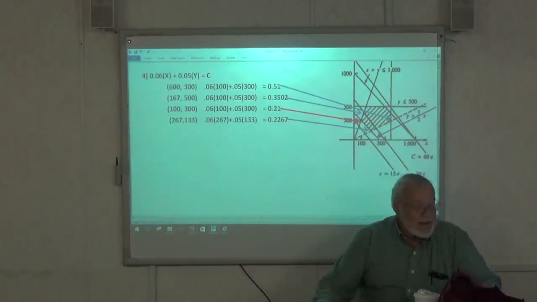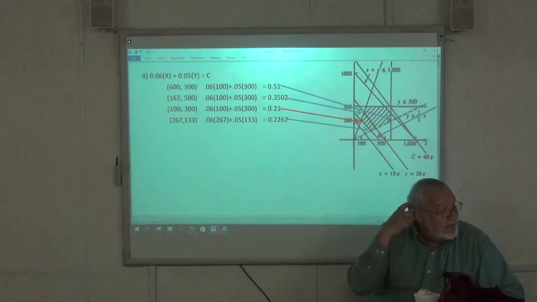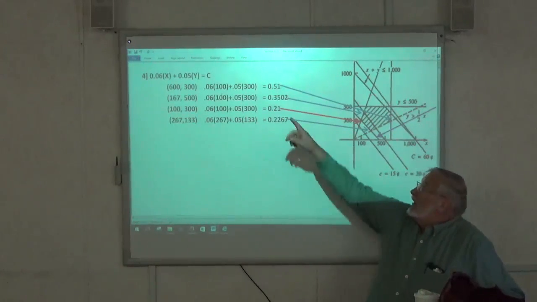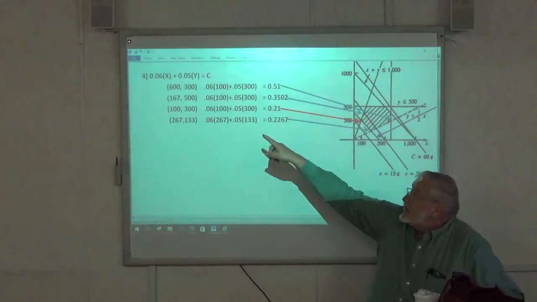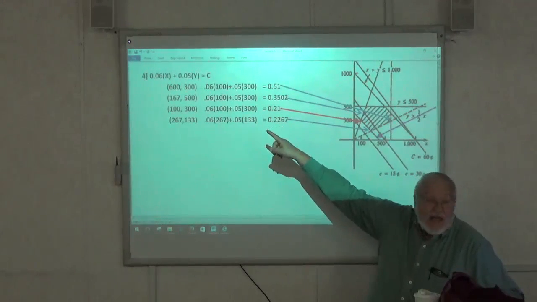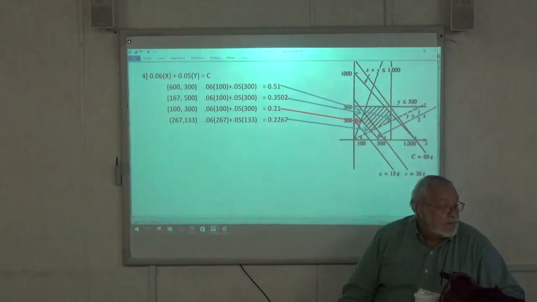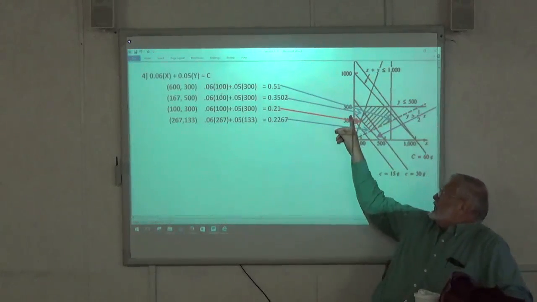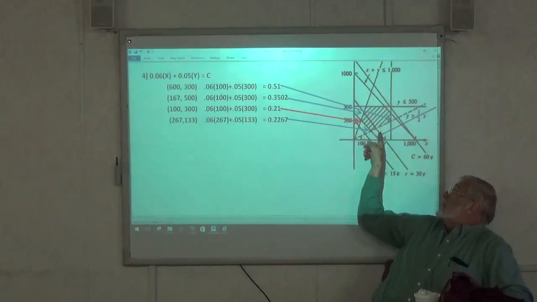Okay, this is problem 4, and the value at the top says the cost is 6 cents times X and 5 cents times Y. But you have to find these optimum points.